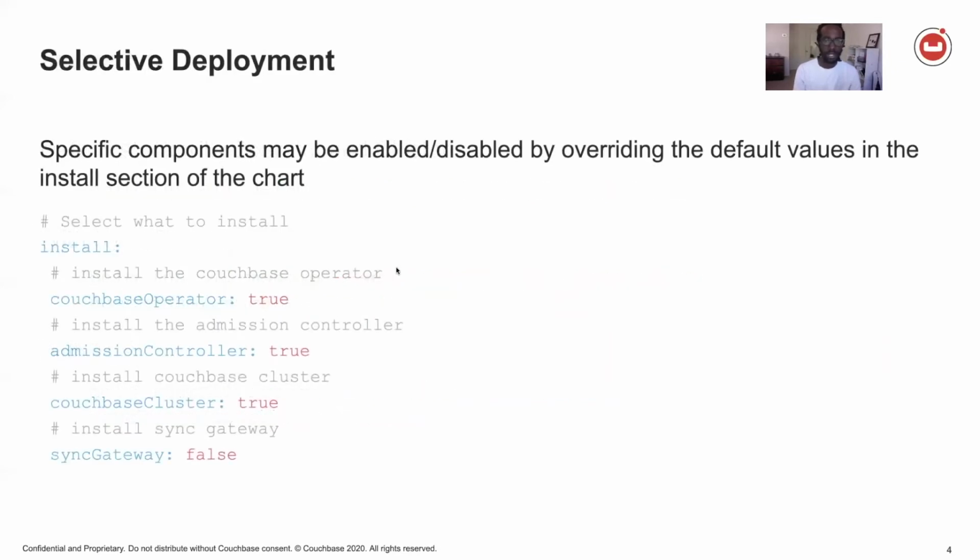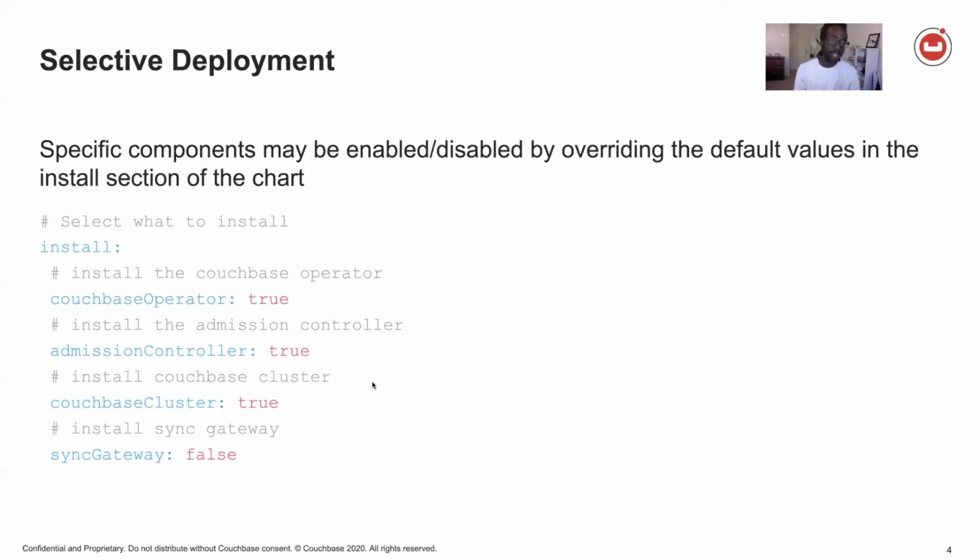So this approach is a single chart, but there's a selective install or selective deployment approach to it where specific components can be enabled or disabled. Generally when starting, if you just wanted to give it a try, as I mentioned, these are the general components that you would get by default. Sync Gateway can be enabled.